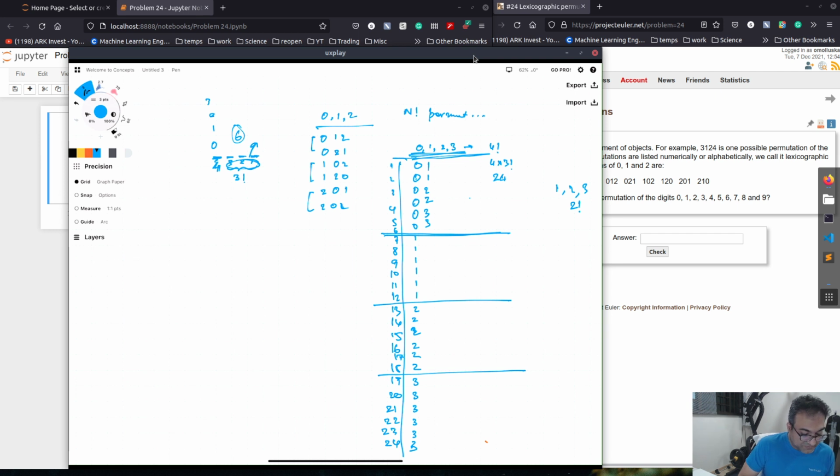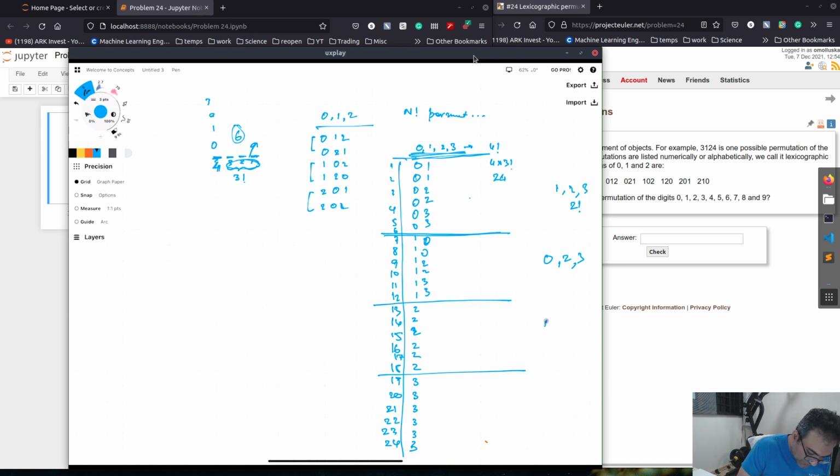We will repeat this except over here. Now over here we have 0 2 3. Those are the things available to us. So we have 2 factorial zeros, 0 0, 2 factorial 2s, 2 2, and 2 factorial 3s, 3 3.